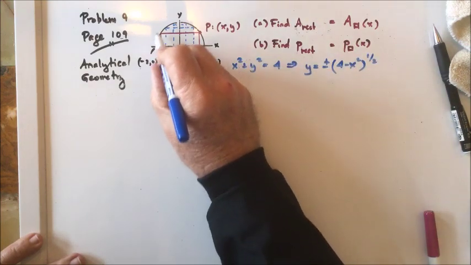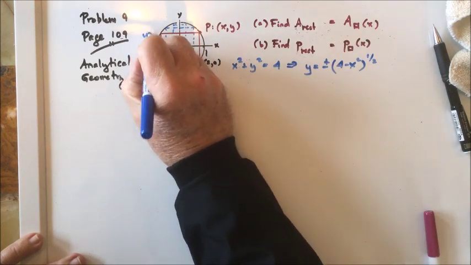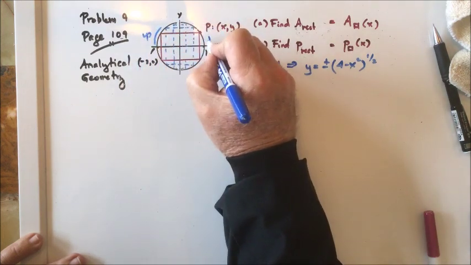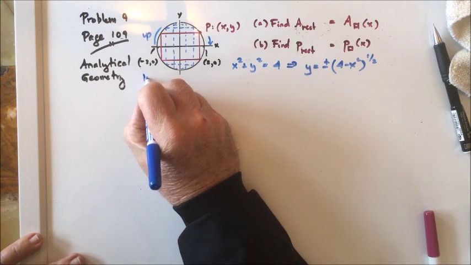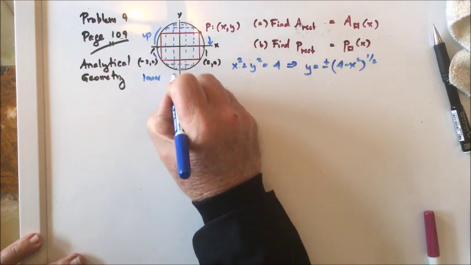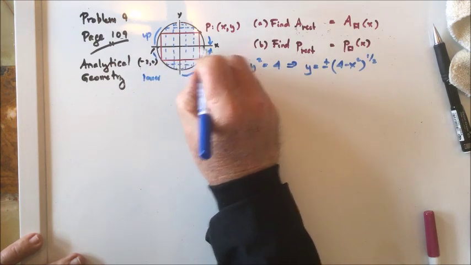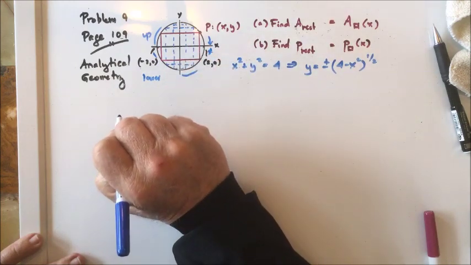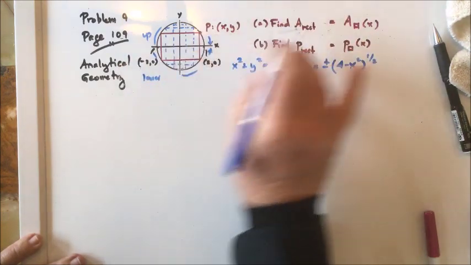The plus gives this sort of upper branch from here to here, and the minus gives the sort of lower branch of the circle from here to here.